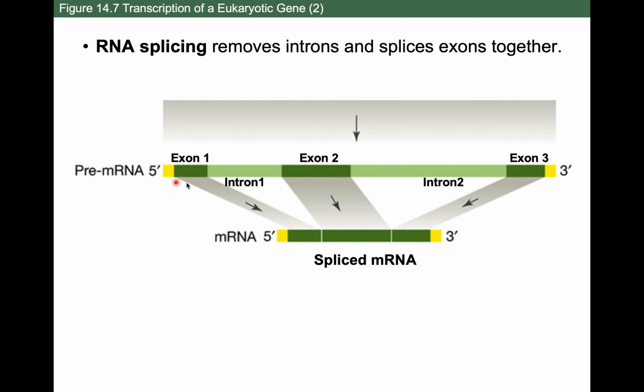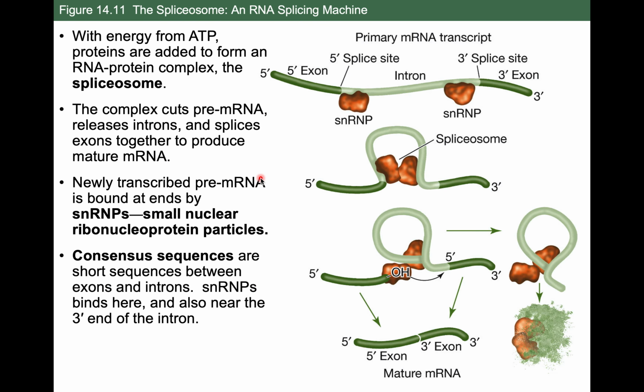And so we get our pre-messenger RNA, but before we produce the protein, we want to get rid of those extra sequences. So we will literally just cut and paste. There are proteins that will come in and make little cuts at the edges of the exons, and then glue those exons together, splice them together, just leaving the introns in the dust. And it looks something like this. There are these proteins called snRNPs.